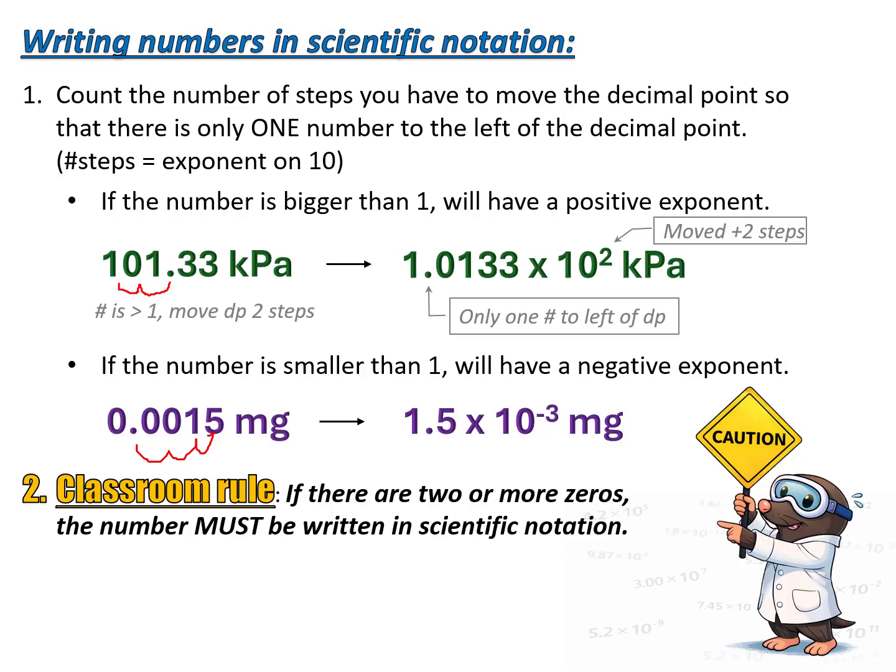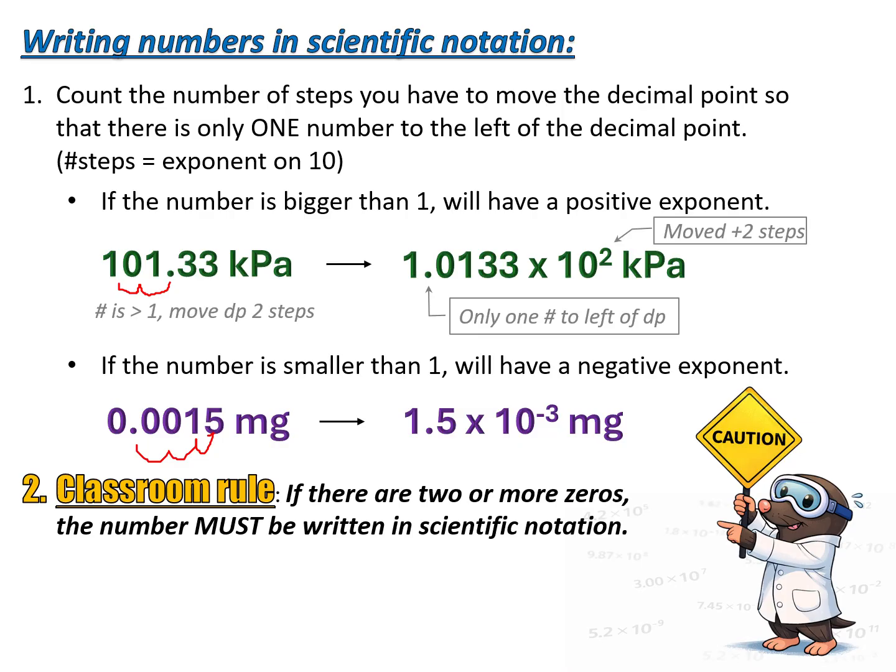So another classroom rule. If you have a number that has 2 or more zeros in it, then you must write it in scientific notation. It gets really hard to grade papers when there's people writing things with 7, 8 zeros in them. And once it's past about 2 zeros, that's when it starts getting difficult.